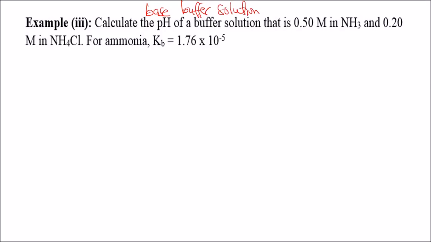So calculate the pH of a buffer solution that is 0.50 molar in NH3 and 0.20 molar in NH4Cl. Here it says for ammonia, Kb is 1.76 times 10 to the power negative 5. So remember, you are given Kb here instead of Ka.